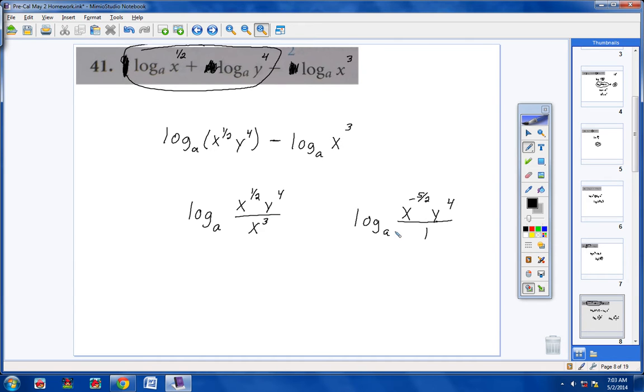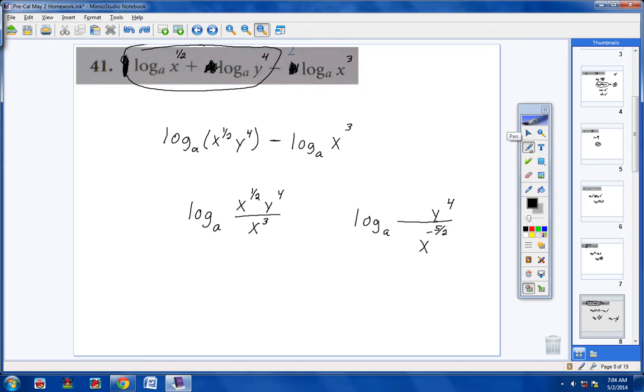Now you really don't want your final answer to have a negative exponent, so what you would do next is you would move the x to the -5/2 down to the denominator so that the 5/2 becomes positive. Okay, and now, not sure what happened there. There we go.